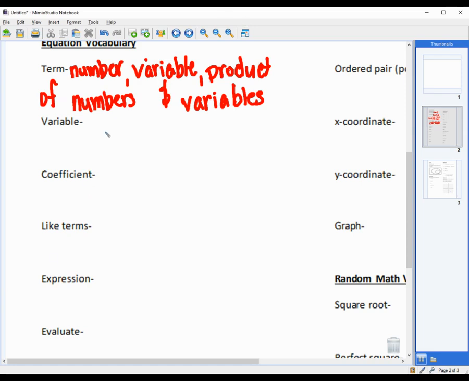A variable is a symbol that is used to represent unknown numbers or values.